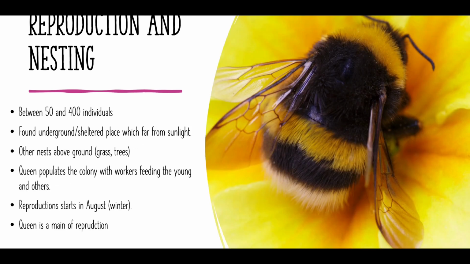Another one, reproduction and nesting. They make new bumblebees, between 50 and 400 individuals, and you can find them underground, in shelter far from sunlight, because bumblebees rather stay in the dark, especially underground, in dark places.